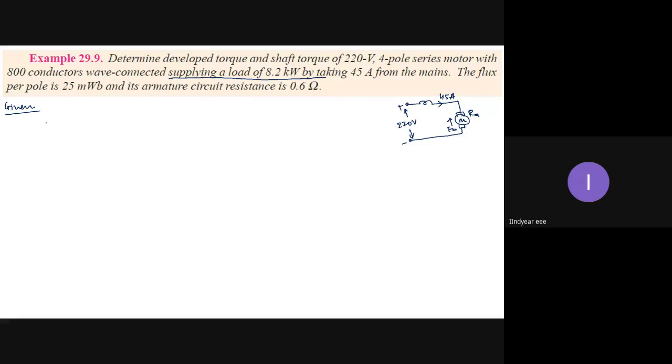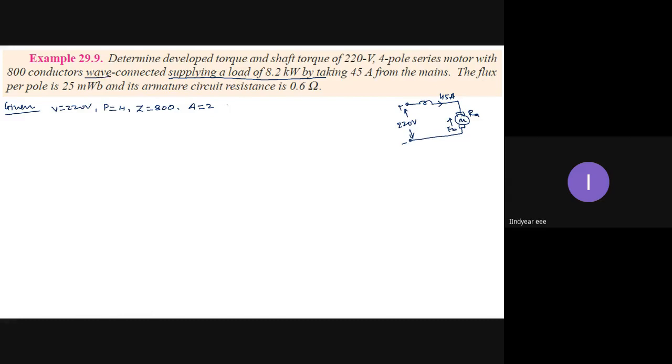The given things are: V equals 220 volts. Number of poles equals 4. Z equals 800. Wave connected, so number of parallel paths equals 2.